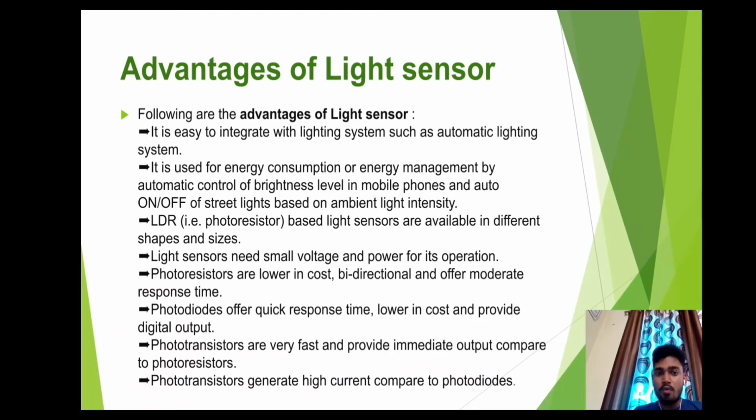And now, what are the advantages of a light sensor? There are the following advantages. It is easy to integrate with lighting systems and automatic lighting systems. It is useful for energy consumption or energy management, and in mobile phones and auto on-off of street lights.